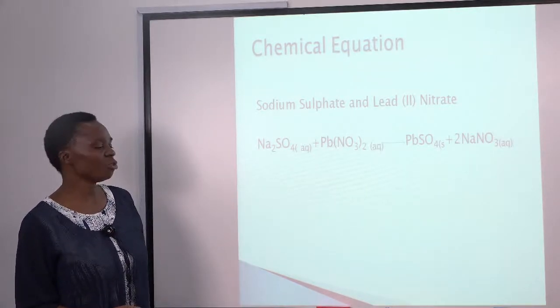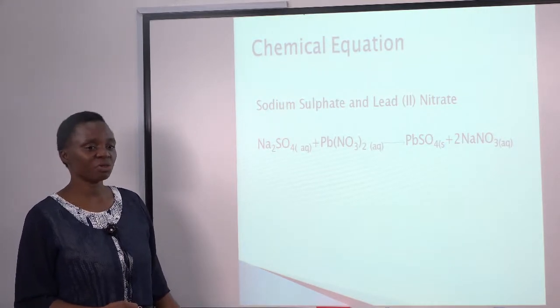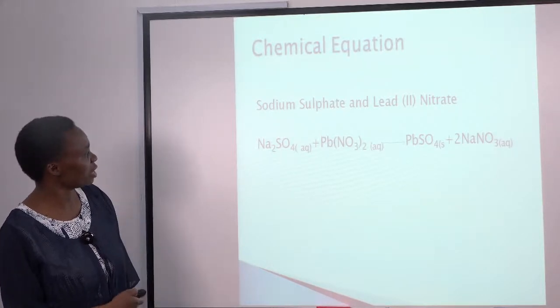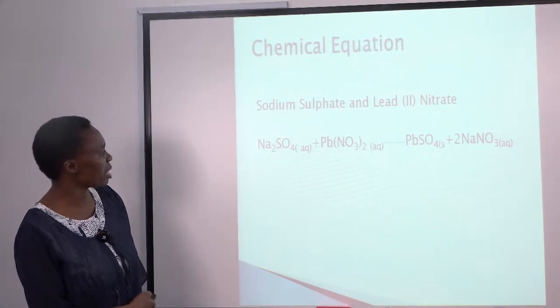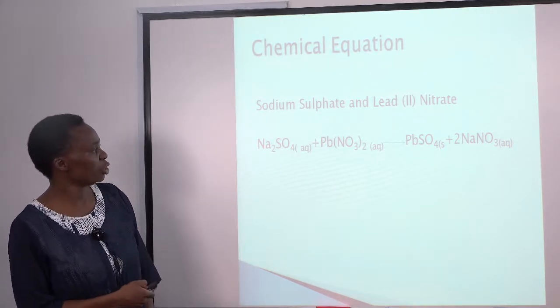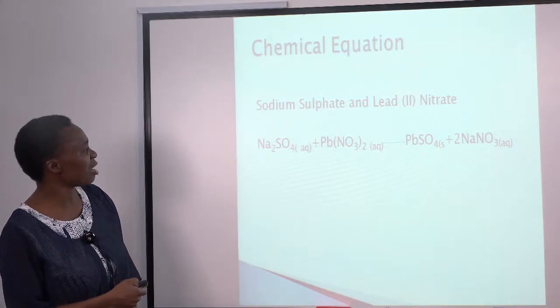So it means that if you pick any nitrate, then when you add water to it, it will be soluble. Now the preparation of the insoluble salt that we are preparing in this case is shown as per the chemical equation which is shown on the board. Here we have sodium sulfate and lead nitrate.